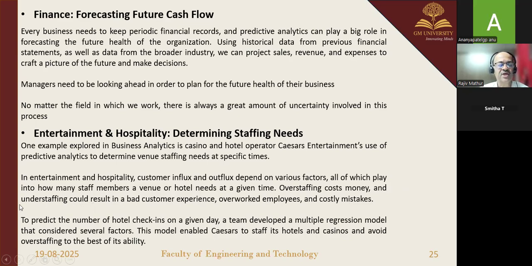So if there is understaffing, there would not be people to attend to the customers and it would result in a bad customer experience. So these predictive models basically help you manage your staffing needs in something like the entertainment industry or hospitality industry.